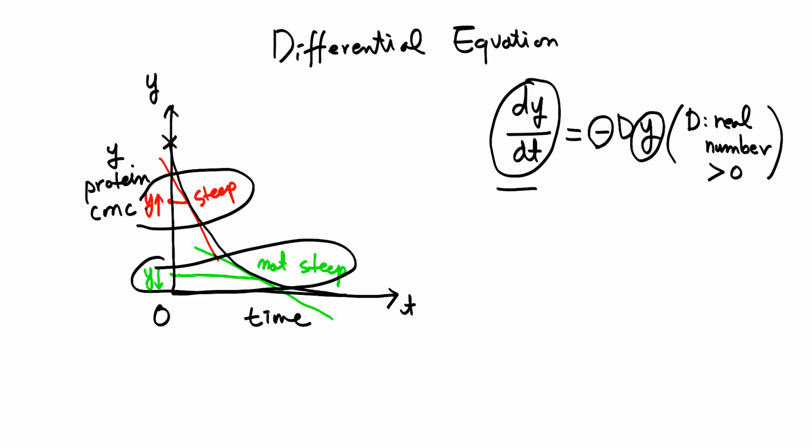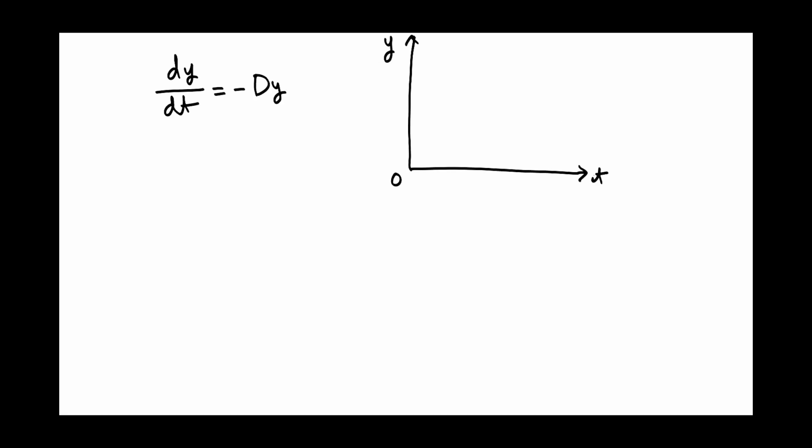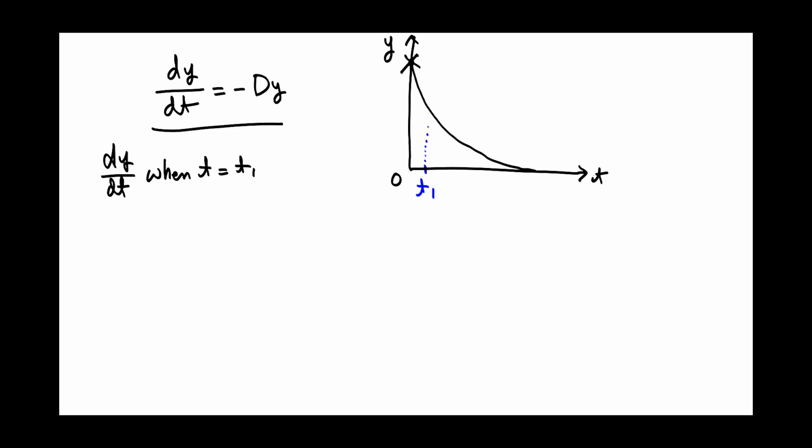Now, I want to show you how this is related to the difference equation. So now we have this equation, dy/dt is equal to negative large D times y. The question we have is, what is this dy/dt when time is t1? So I have this point t1. And my question is, what is the slope at this point?